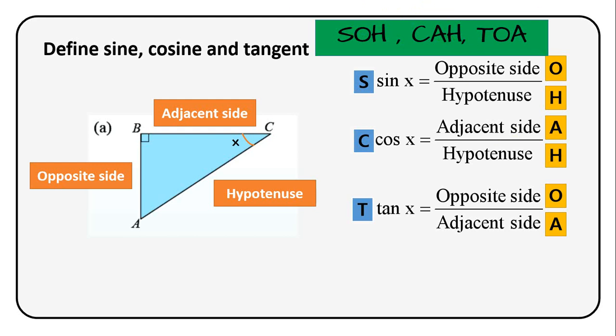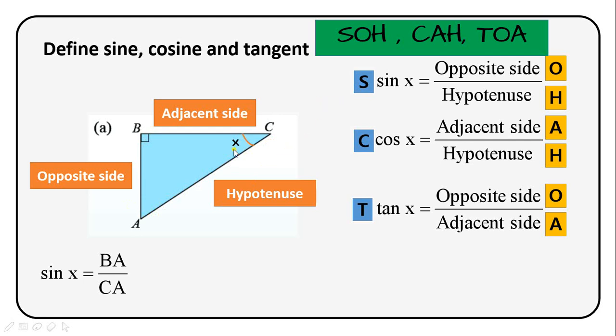T for tangent equals opposite over adjacent. So, for this diagram, sine x equals BA over CA. Remember our formula, opposite over hypotenuse, opposite BA, hypotenuse CA.